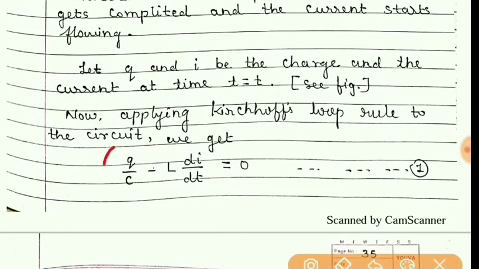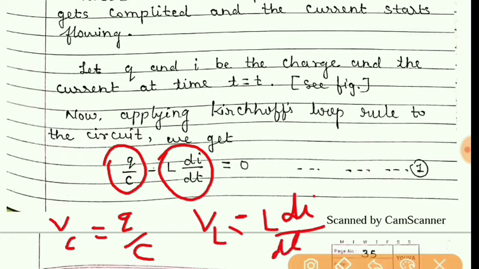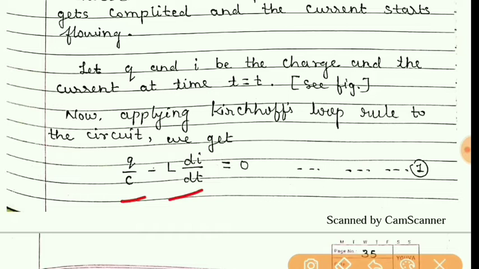So here potential across capacitor is Q by C. We know that V across capacitor is Q by C, that we have studied in chapter number 2. And the potential across inductor, that is VL, is equal to L di by dt. That also we have studied as well as used. So that results in 0. Let us give this equation number 1.